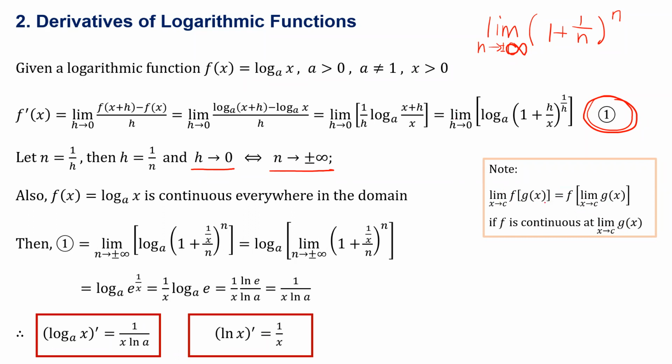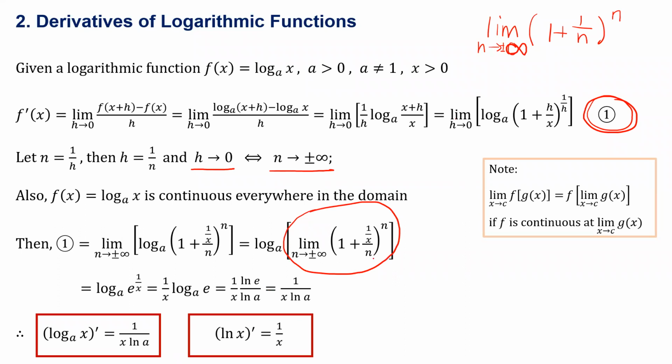We can change the order of the function symbol and the limit symbol, right? So we can find the limit first, then find the logarithm base a. Okay, so we now can find this limit first.